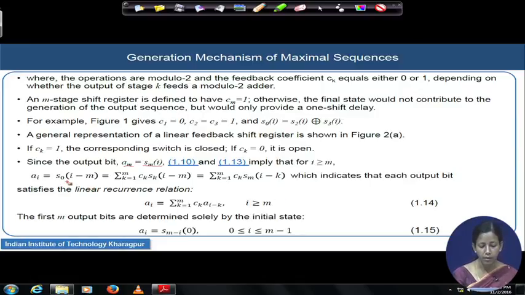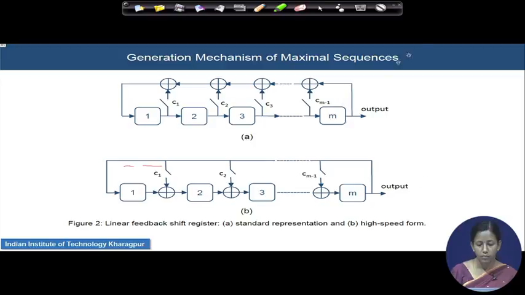And if I try to see the structure, whatever value is coming at the output will also be stored as an input to the first stage. How is it coming? The concept of this comes from the fact that this upper figure is not easily implementable and not hardware friendly.